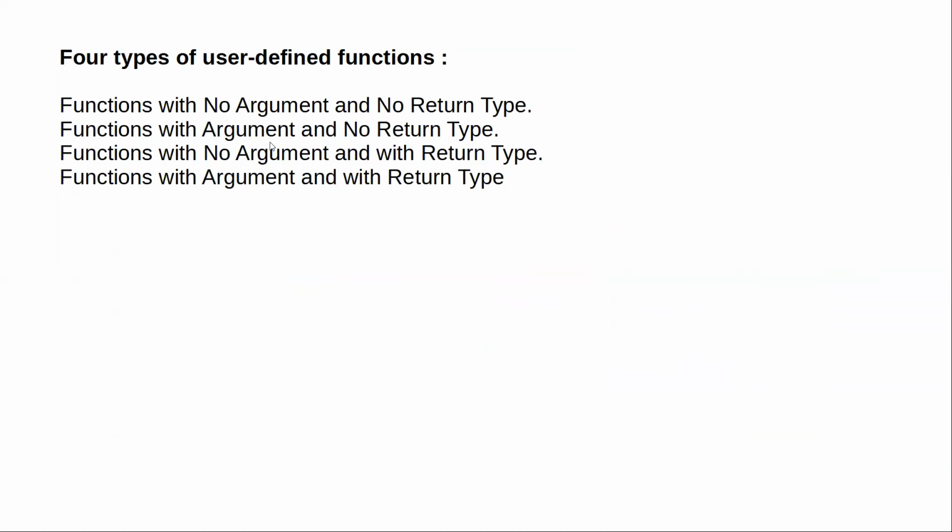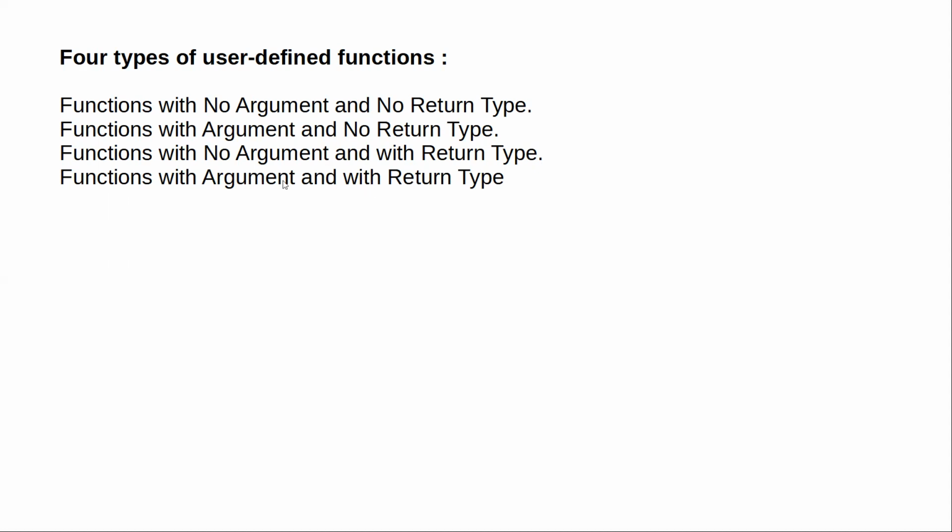So now there are 4 different types of user defined functions. It basically depends upon the kind of variables you want to pass or the kind of return value you are expecting. Now we have gone through the last one, functions with arguments and with return value. That means for a function, you are passing some variables as input and you are expecting some output from the function.